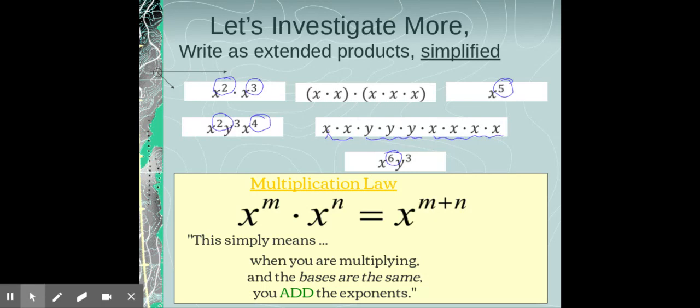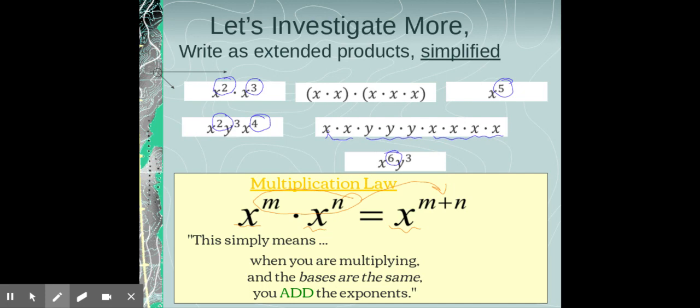Now, this one uses variables just to show that it could be any number, but you see what's happening here. When the bases are the same, you keep the base. So in this case, again, let's just highlight it. x and x. You keep the base and you add your two exponents together. And if you look at all those ones right above, that's exactly what we did.